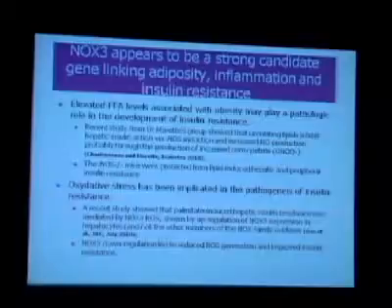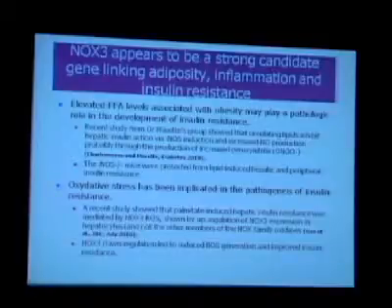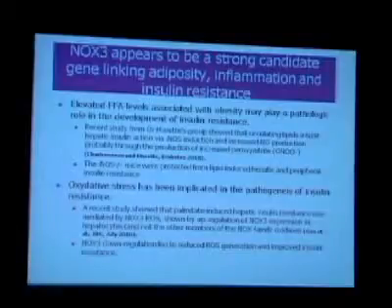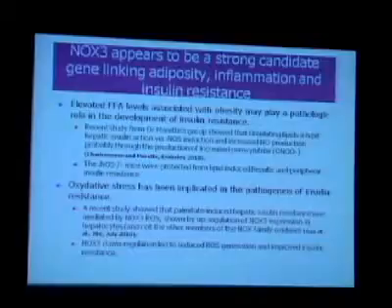The second line of evidence comes from a paper that was published in July, looking at the relationship with oxidative stress, which has also been implicated in the pathogenesis of insulin resistance. And in that study, the authors showed that palmitate-induced hepatic insulin resistance was mediated by NOX3-derived reactive oxygen species, which was shown by an upregulation of that specific gene in hepatocytes and not an upregulation of the other members of the NOX family.